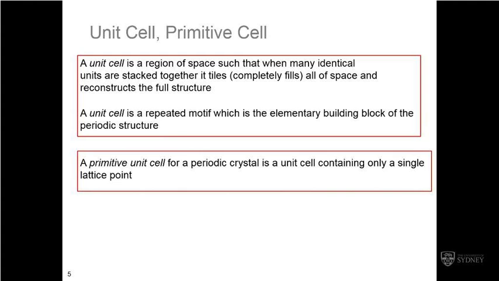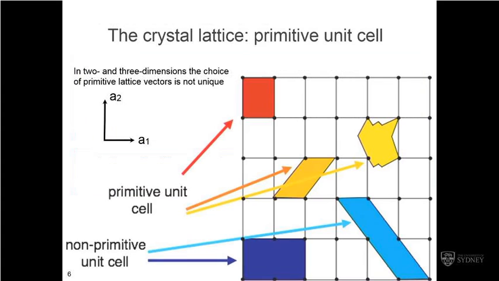So what do they look like? They are not unique. This shows a 2-dimensional square lattice, and all of these here, the red or the yellow or even this weird shape here, can be a primitive cell of this lattice.